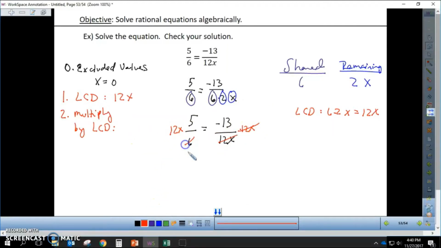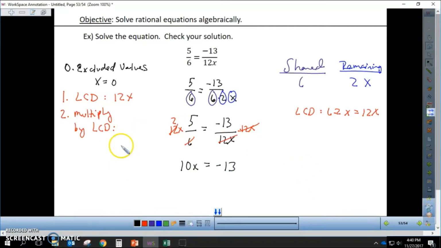On this side, the 6 reduces the 12 to 2, and we can rewrite this problem as 10x is equal to negative 13.